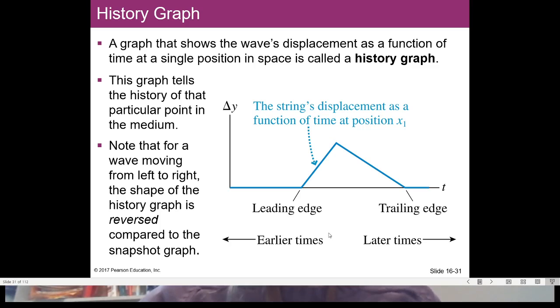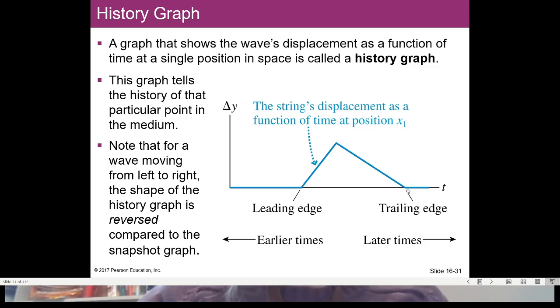All right, a history graph, on the other hand, tells you what the disturbance looks like as a function of time for a given value of x. So we're calling it a history graph because it gives you lots of t's but only one x. So this is the history of position x1.